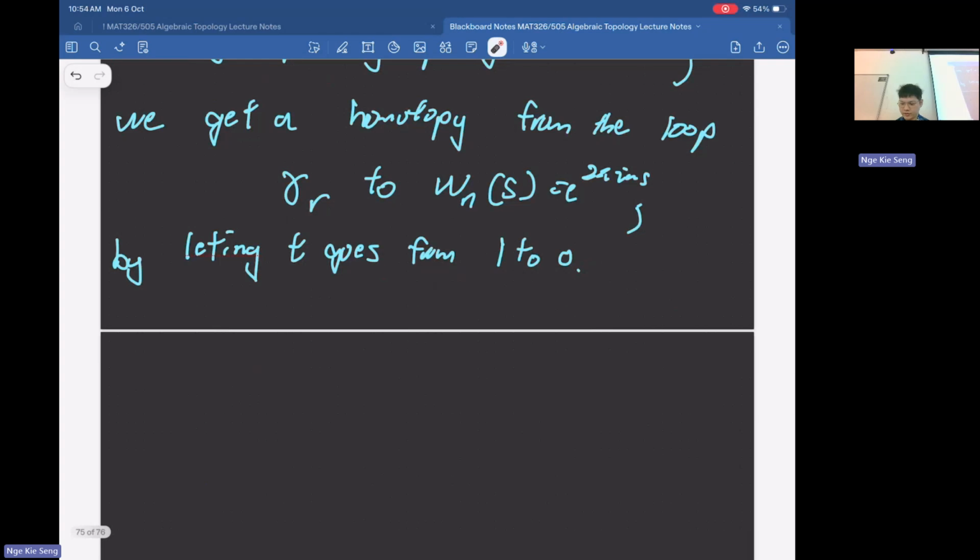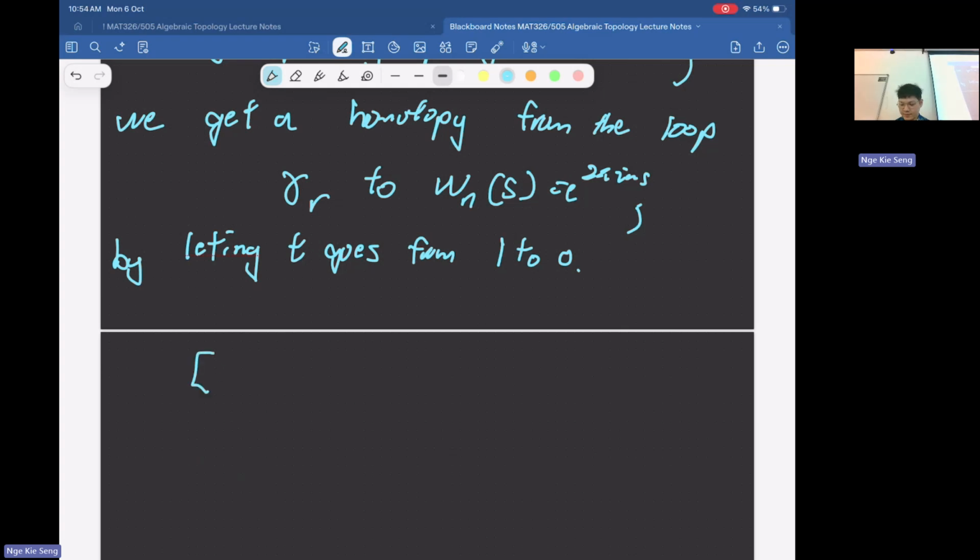Let's put everything together. Wn is equal to gamma R, but we showed that gamma R is 0. So this implies that n should be 0; you are not looping anything.